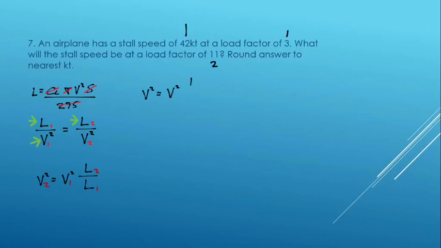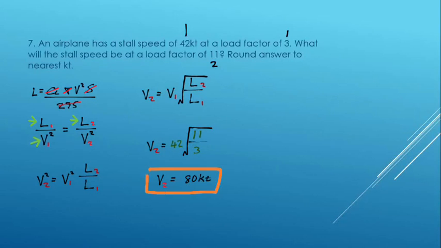Now we need to simplify the formula, getting the square root of both sides, and by doing that, that eliminates the velocity squares in the formula, so it makes the formula easy to work with. And then plug in the values, and we wind up with the new stall speed, going from 3 Gs to 11 Gs, the stall speed would go from 42 knots to 80 knots.